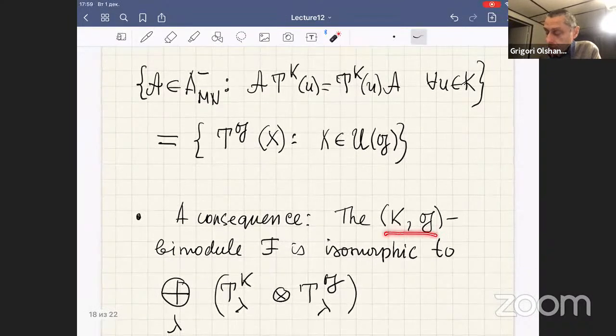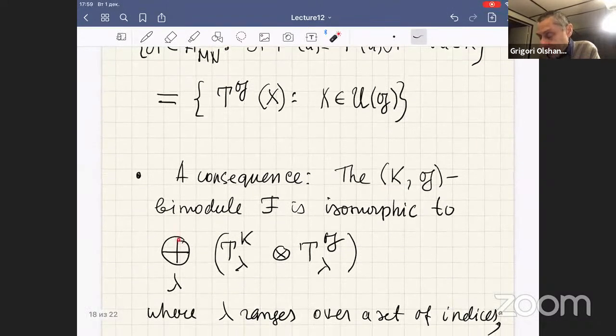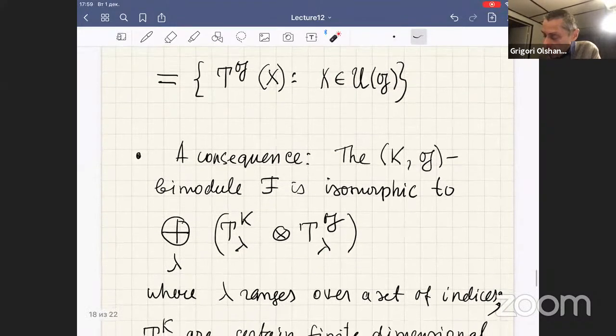Our bimodule, which we get from these two commuting actions, can be represented as a direct sum of some irreducible bimodules, which are of the form.